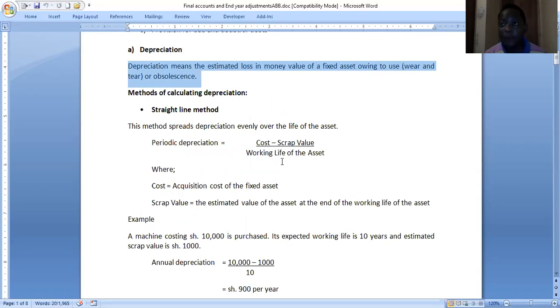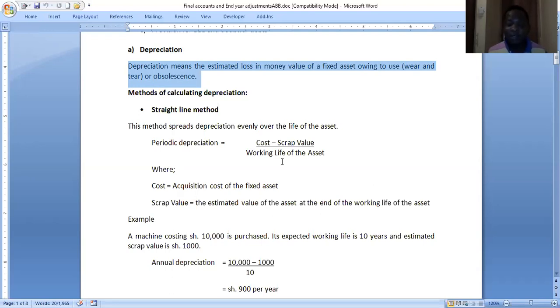With new technology, new models of machinery come in, and as new models come in, the older versions will tend to decline in their value. Wear and tear, the constant use of the assets, will lead to the depreciation in value of that asset. Maybe other reasons such as accidents, the incidents of fire, will lower the value of an asset.